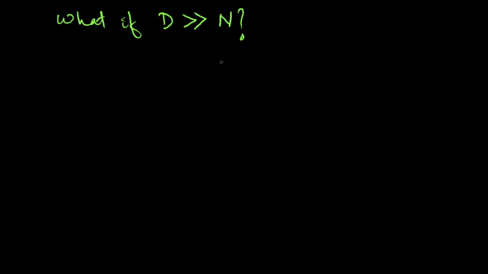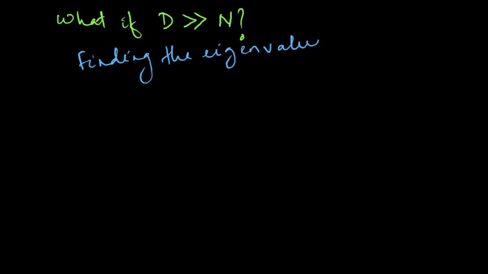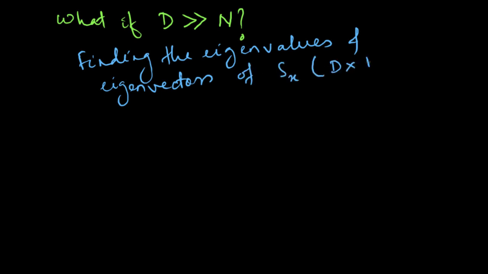Now, as I said, this can happen when you have a small data set of images, because images in general are very high dimensional data. And so what happens is that finding the eigenvalues and eigenvectors of Sx, which is a D cross D dimensional matrix, requires computations of the order of D cube.